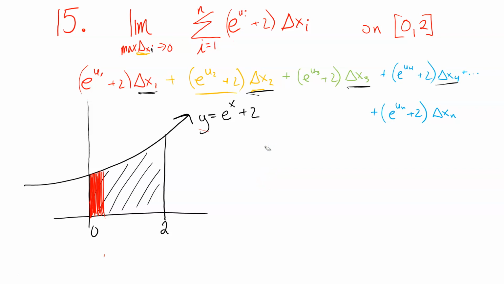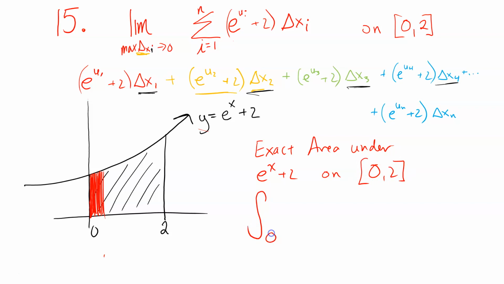So what does that mean? Well, the exact area under e to the x plus 2 on 0, 2 was what we were trying to write. We were trying to write the definite integral from 0 to 2 of e to the x plus 2 times dx.